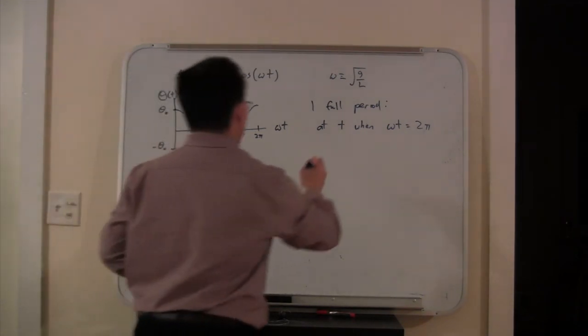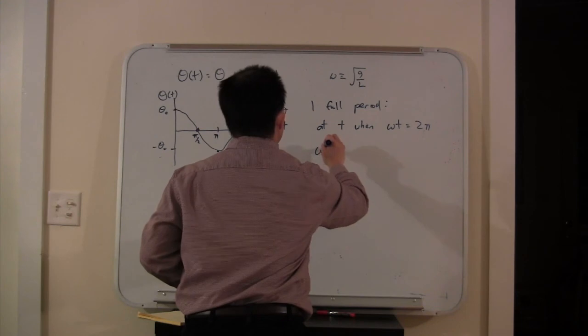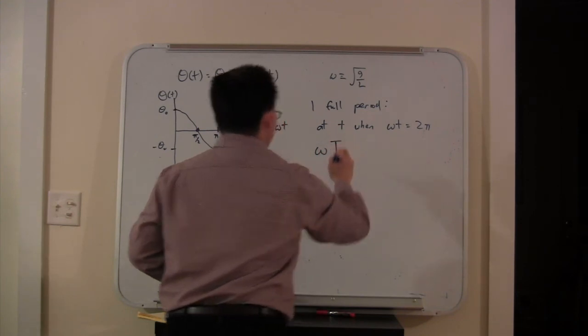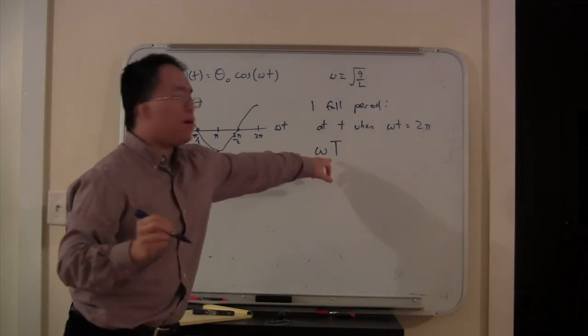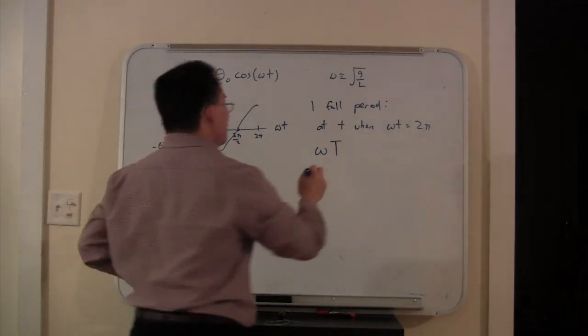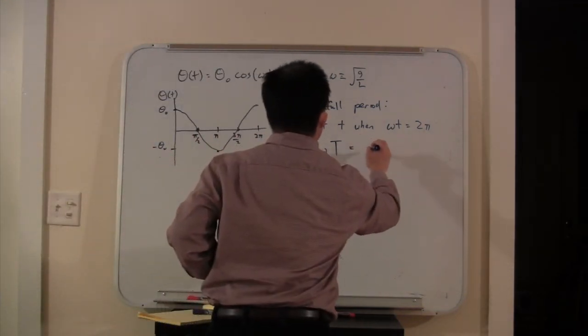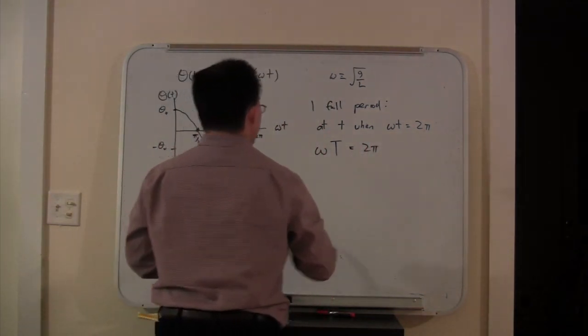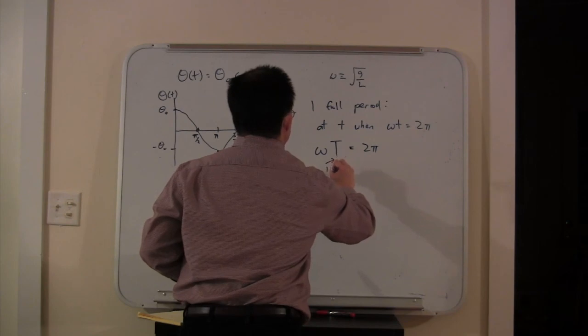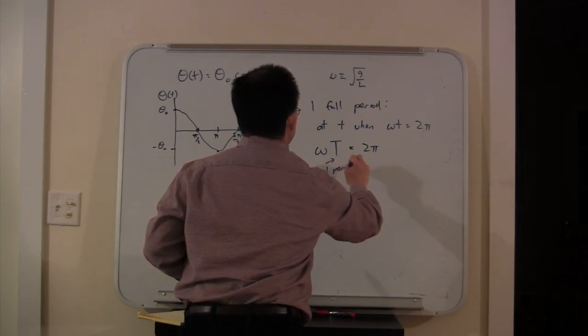So namely, if omega times my time t, so when we're at one full period, so I'll just label that capital T. So that's 2 pi. So one period here.